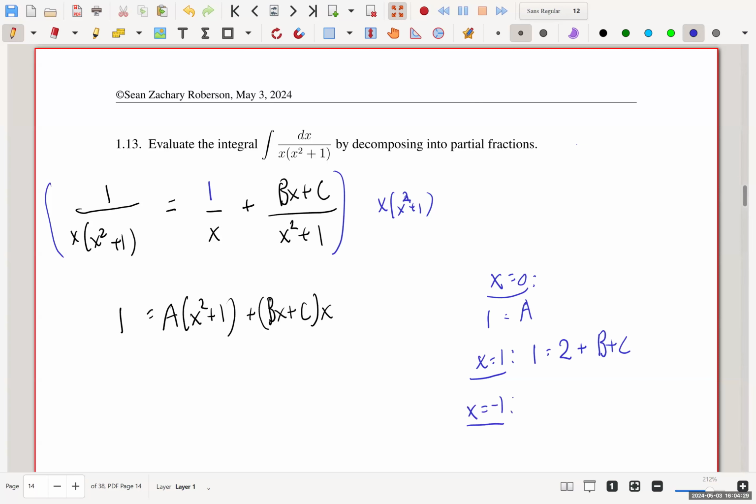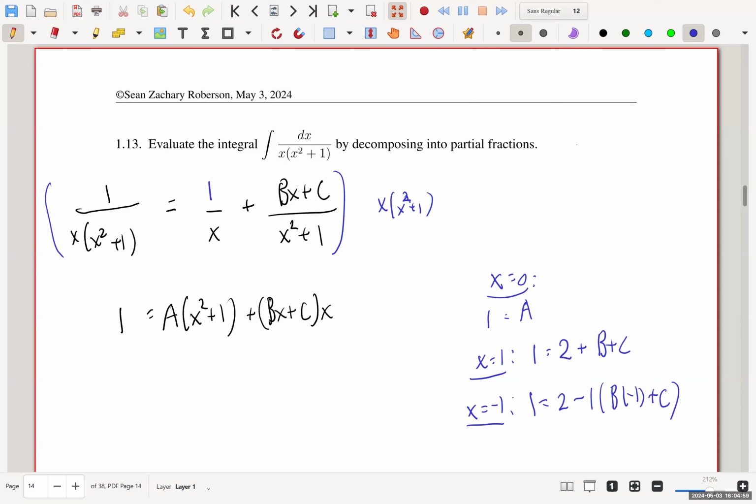Now, if x is equal to -1, I'll do a similar thing. On the left, we still have a 1. On the right, -1 squared is a plus 1. 1 plus 1 is 2. A is 1, excuse me. Now let's take a look at what happens here. When x is -1, we'll get a -1 times b times -1 plus c.